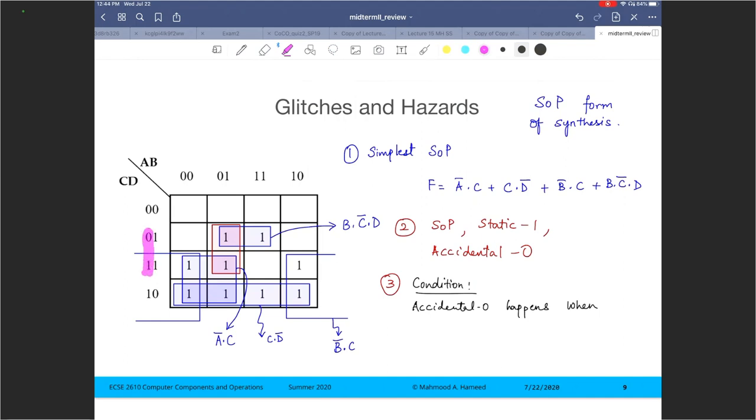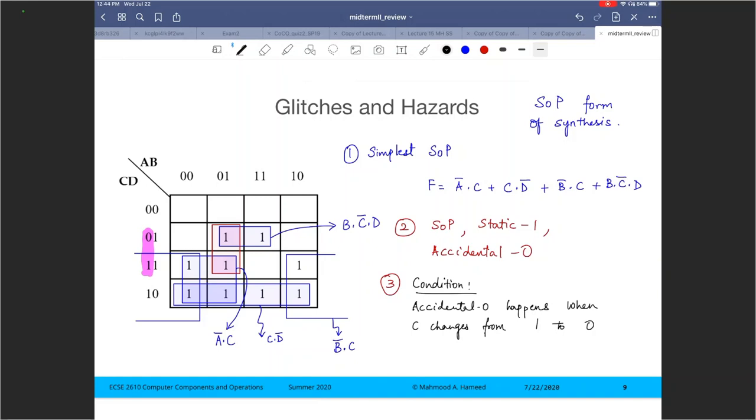C is changing. When C changes from 1 to 0, and it only happens from 1 to 0.